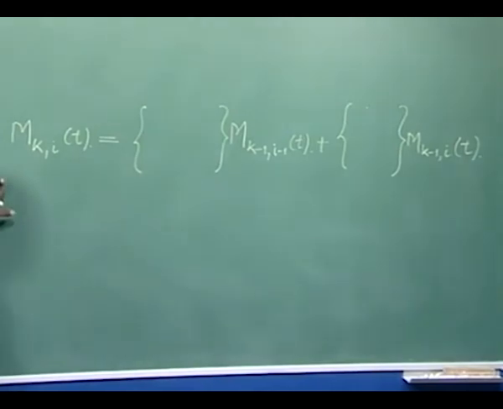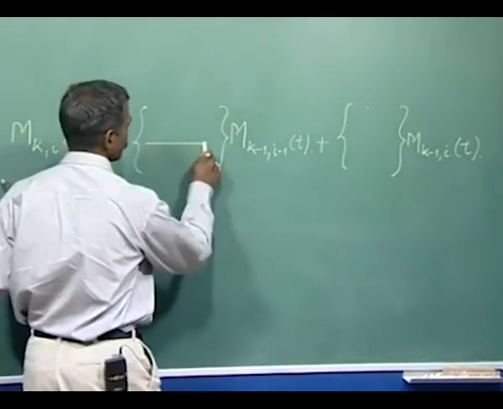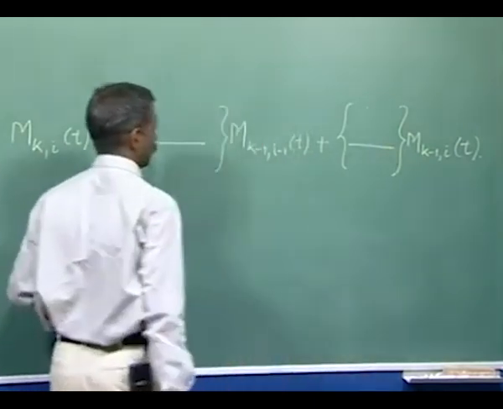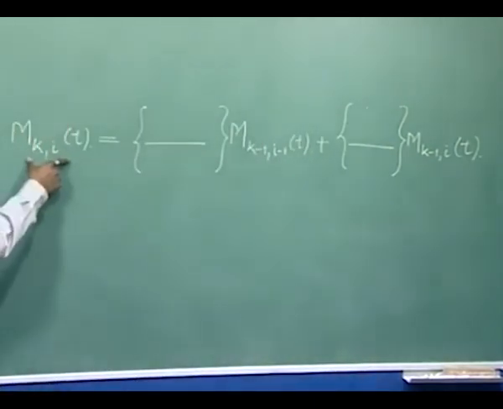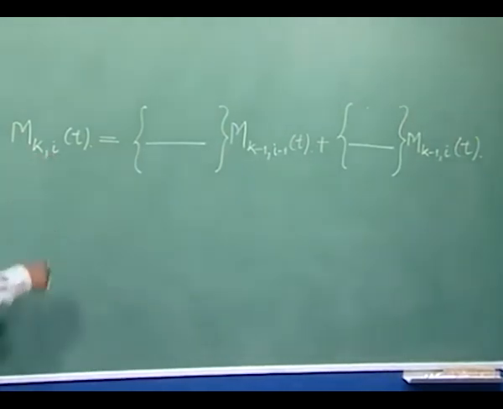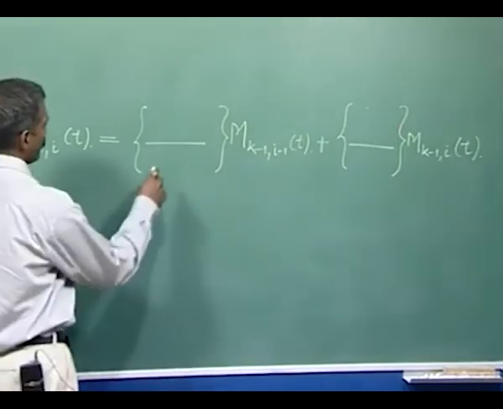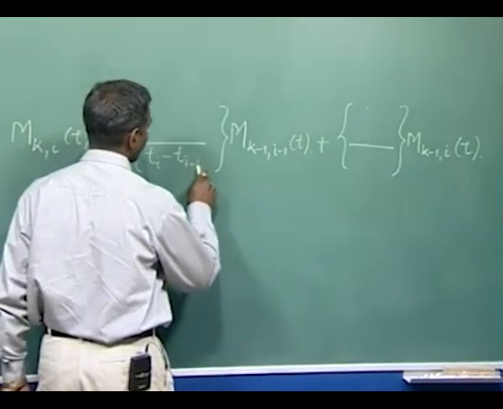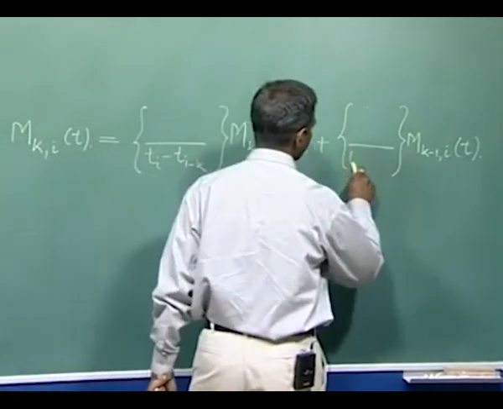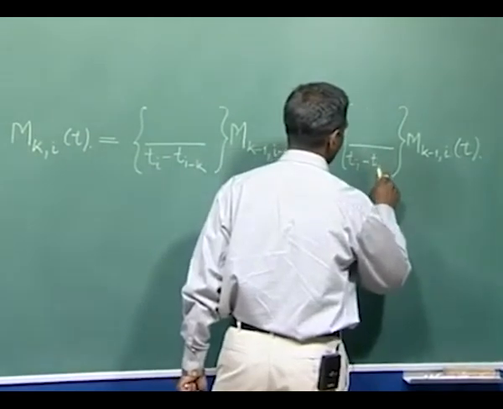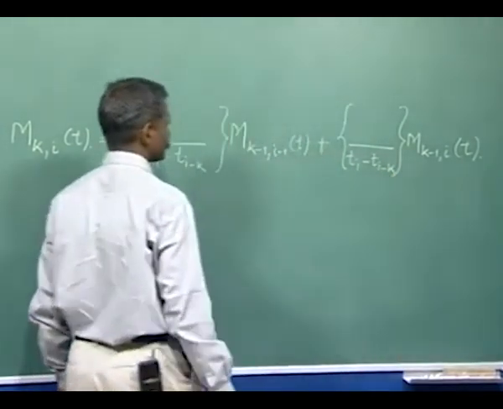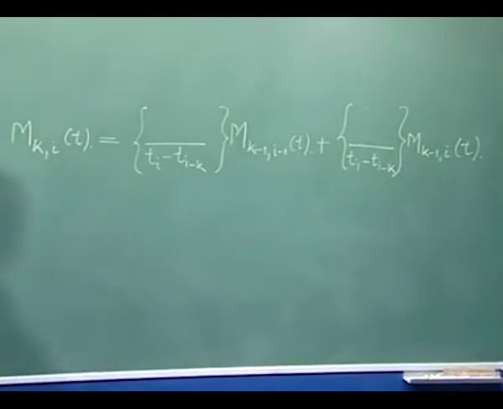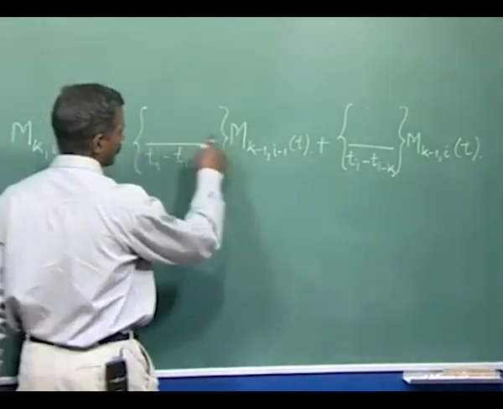Now first, the denominator. I come back to my parent basis function here. The last knot is t_i and the first knot is t_{i-k}. I remember this and I use the entire knot span t_i minus t_{i-k} here as well as here. Now the numerators.